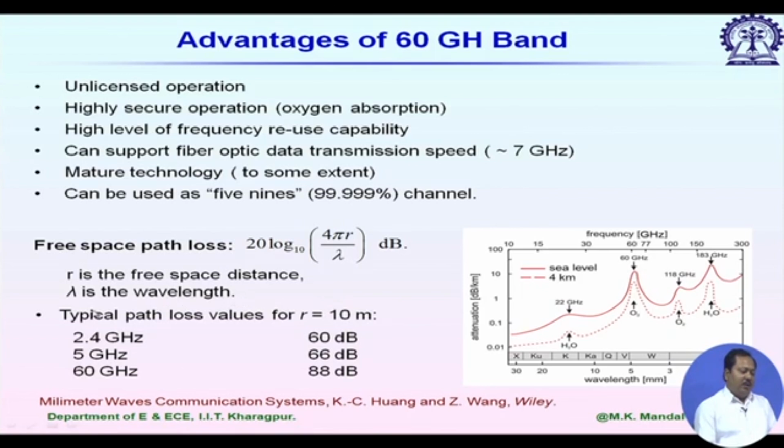Now, I am giving you some calculated values for this free space path loss for r equal to 10 meters. At r equal to 10 meters, if I calculate this path loss for a 2.4 gigahertz channel, it is coming to 60 dB. If I almost double the frequency to 5 gigahertz, we have 6 dB more attenuation. Now, if we go for 60 gigahertz application, path loss is 88 dB.